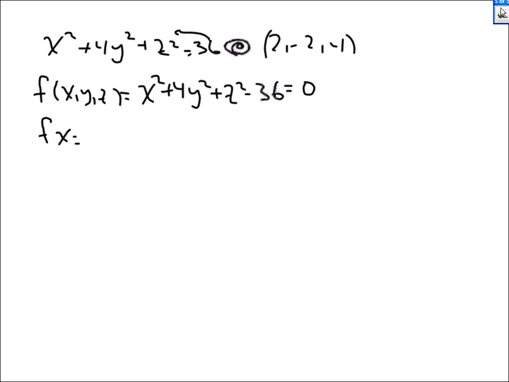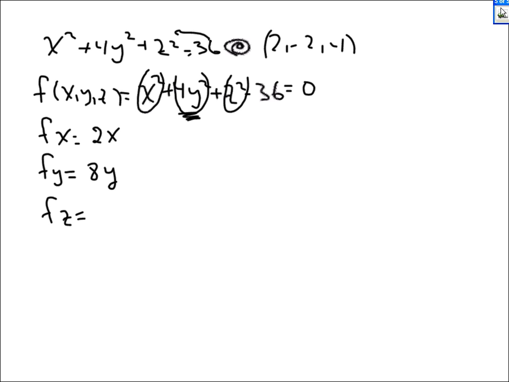Oh, f sub x is just 2x. The other terms have no x's in them. F sub y: only this term has a y in it. It's 8y. And f sub z is 2z.